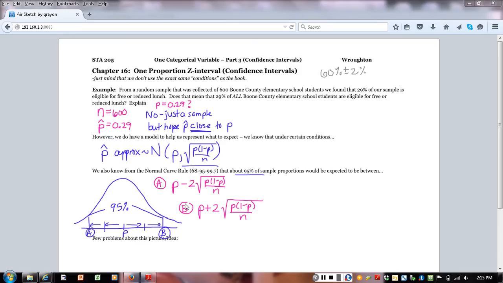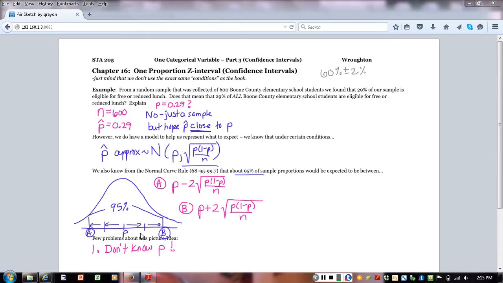All right, now let's talk about the problem with this picture. The first one is the big one. We don't actually know what p is. If I ask about our first example up here, we have p hat, put it on your picture down here. Where does it belong?